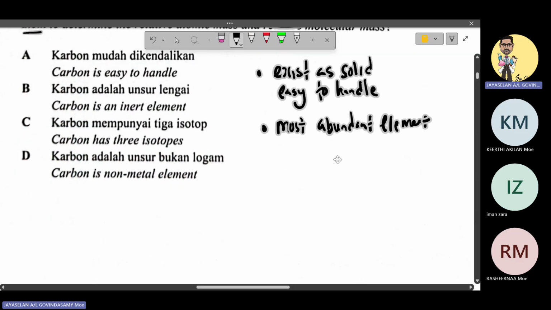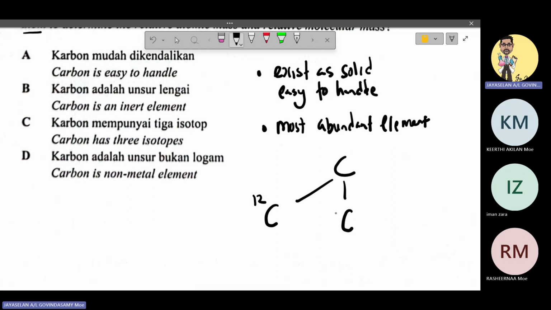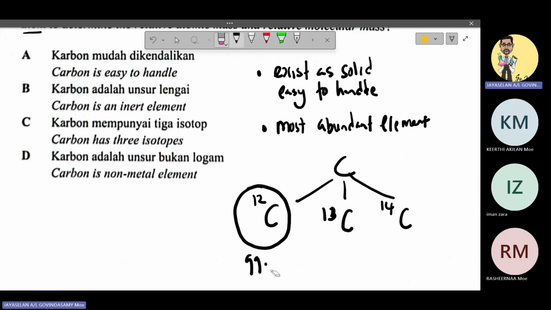Carbon has three isotopes: carbon 12, carbon 13, carbon 14. Among them, carbon 12 is 99 point something percent in this world, another is about 1 percent, another 0.5 percent. So the most abundant means carbon 12 is easy to handle, and also it exists as solid. So answer this one.